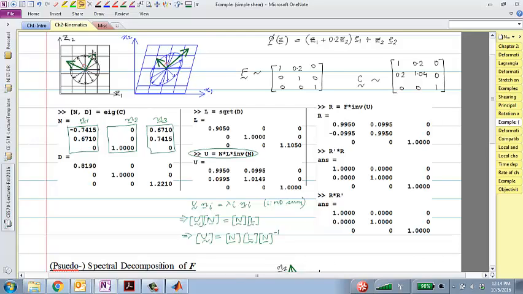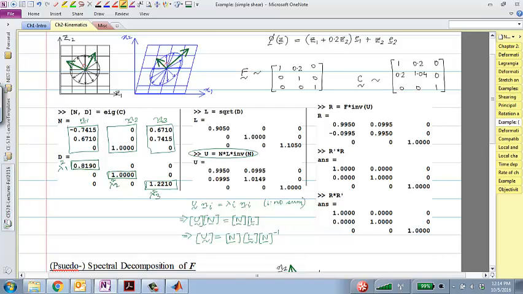It just stretches them by some amount. By what amount does it stretch? It stretches them by 0.819, 1, and 1.22. So this is lambda 1, lambda 2, lambda 3. Actually squares of those, because these are the eigenvalues of C.